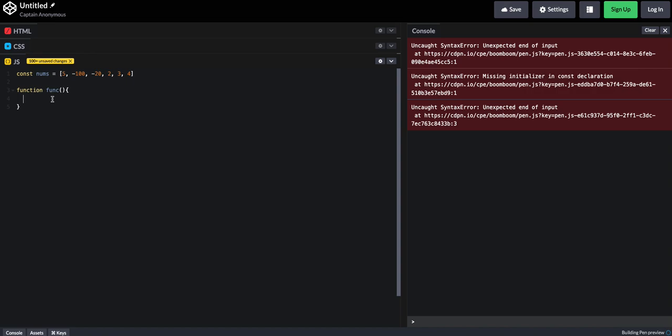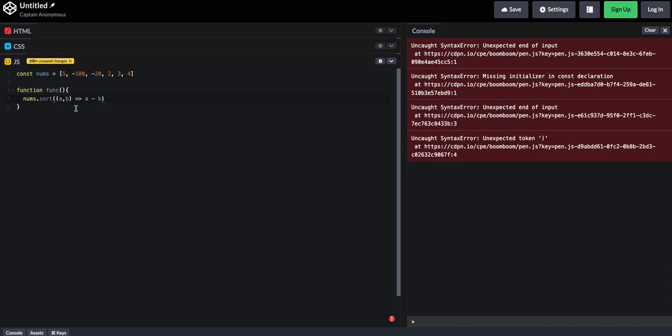Okay, so the first thing we're going to do, like I said, is sort the nums because they're not all sorted. And we're going to do that in ascending order. You could do this in descending order. It really doesn't matter. You just have to write your code a little bit differently. So a minus b. And just to make sure this is cool, we're going to return nums and log it into the console.